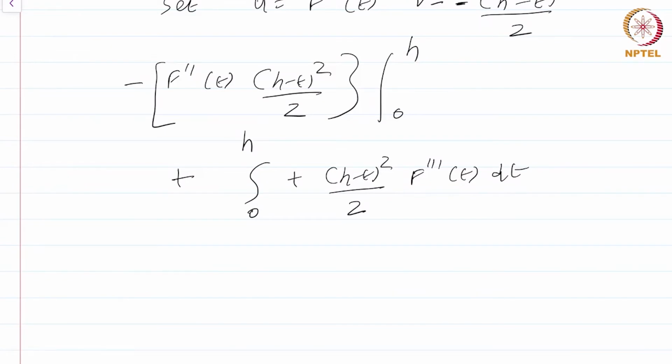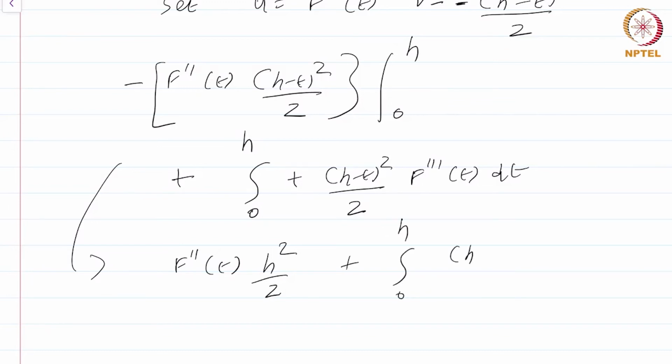We'll have to substitute the limits again. When you substitute h, it will disappear. When you substitute 0, there is again a negative sign, and that will get cancelled with the negative sign outside. So this whole thing will become f double prime of 0 into h squared by 2 plus integral 0 to h of (h minus t) the whole squared by 2 f triple prime of t dt.